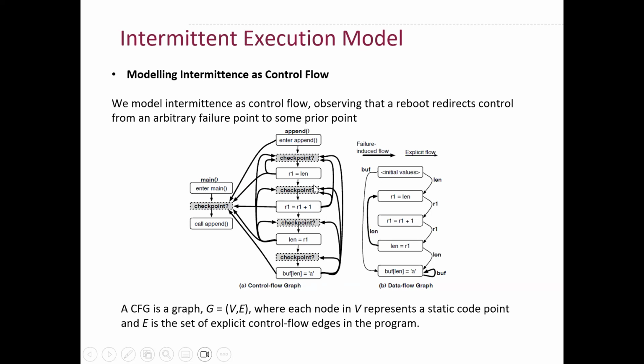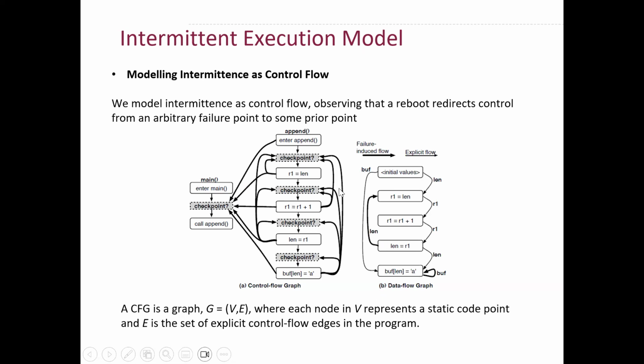So we can say that the CFG is a graph where each node represents a static code point, and the edges are the set of explicit control flow edges in the program. All of these, like checkpoint, R1 equals length, etc., are static code points. The CFG for this program is shown in the figure with implicit failure-induced control flow edges.